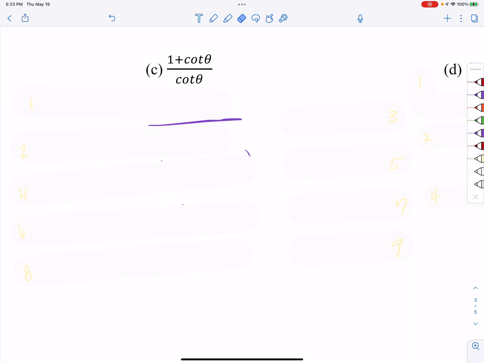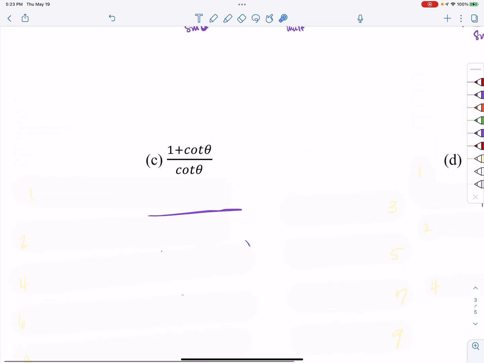So for part C here, there again are multiple options. The first thing I want to point out though is that you may think that I can use a Pythagorean identity, but there are no squares here. So since there are no squares, you may not use a Pythagorean identity.